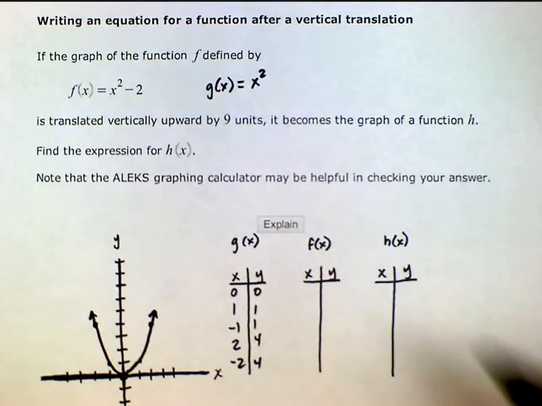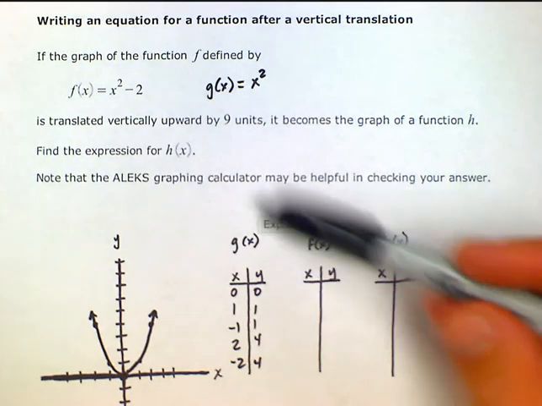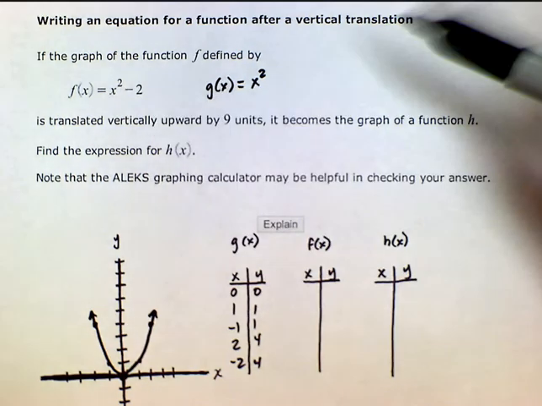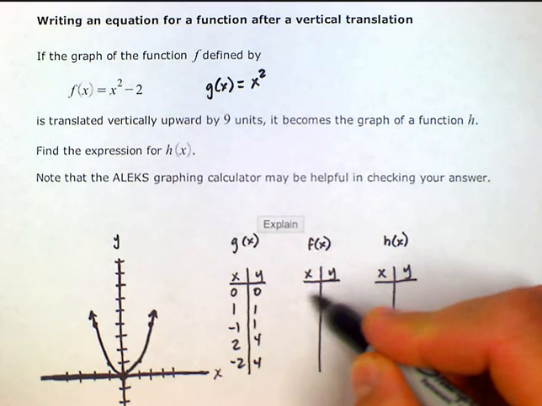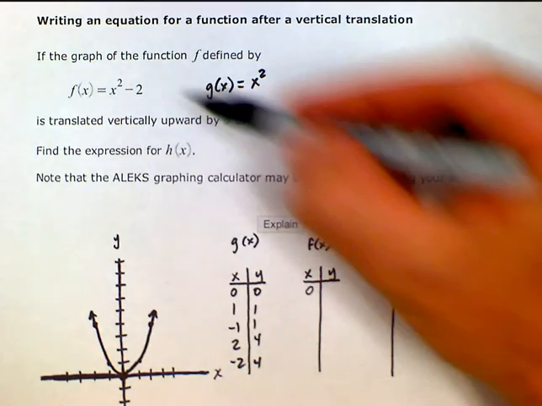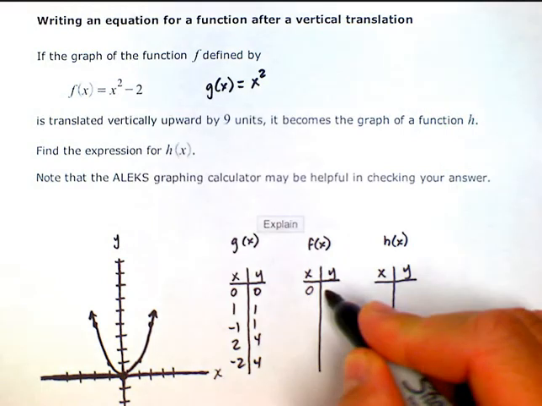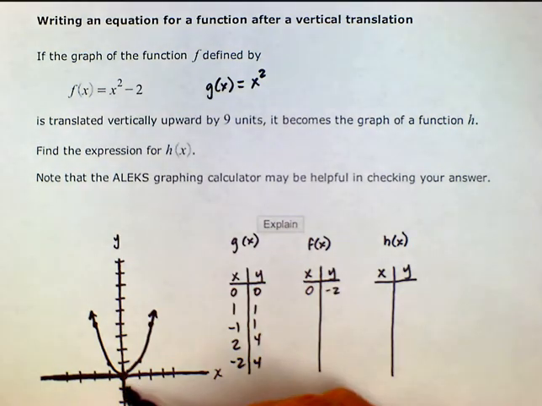So what happened to g of x to make f of x? Well, let's look at f of x, x squared minus 2. If we plug in those same numbers, if we plug in 0 to f of x, 0 squared is 0, minus 2, y is equal to negative 2. So our vertex is at 0, negative 2, which is down 2 units.